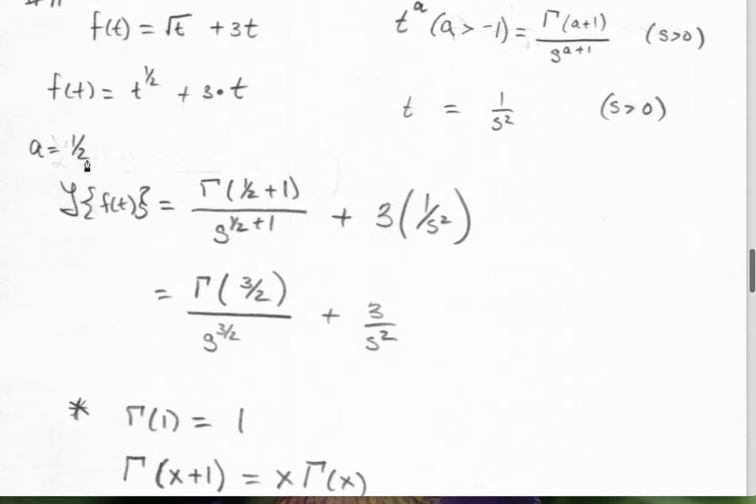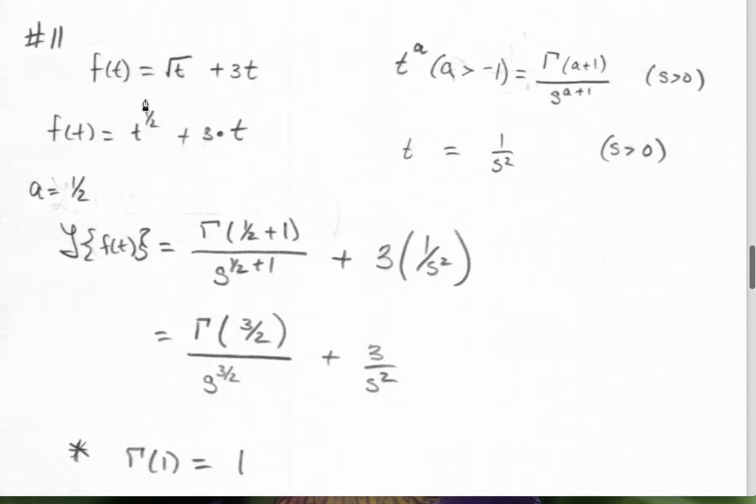So a is equal to 1/2 in this case, so I take the Laplace of f of t, and for this t to the half, that converts to the gamma of 1/2 plus 1 divided by s to the 1/2 plus 1. And then plus 3 times t, so this is 3, and then times this t, but this t transforms to 1 over s squared.